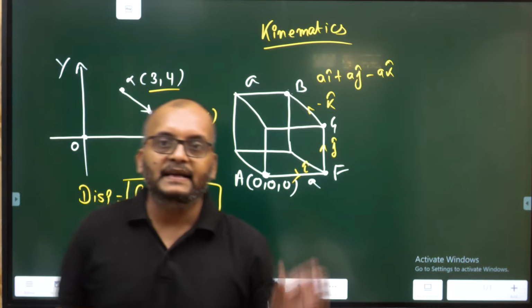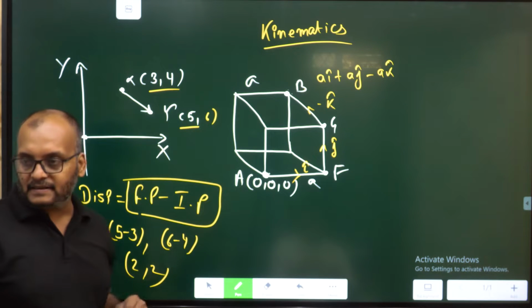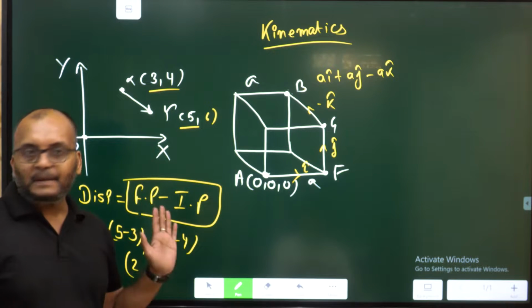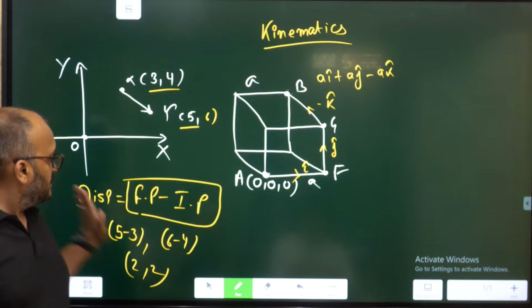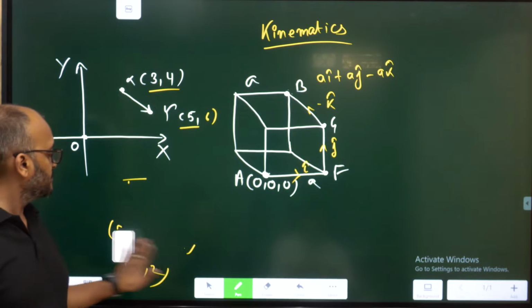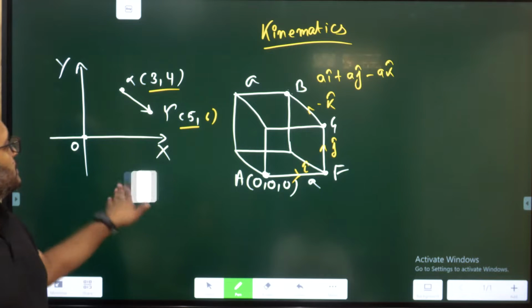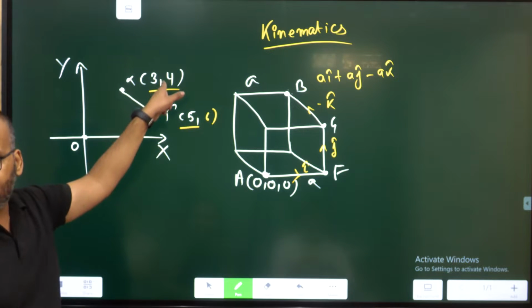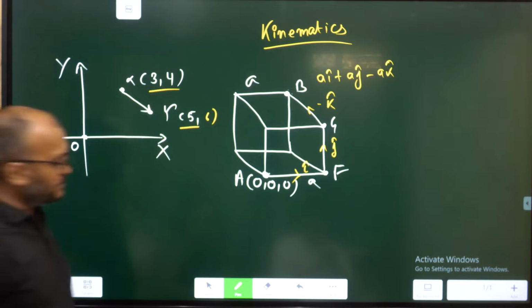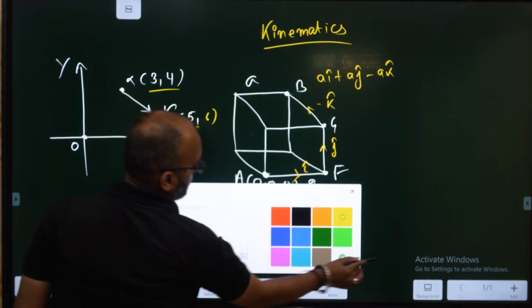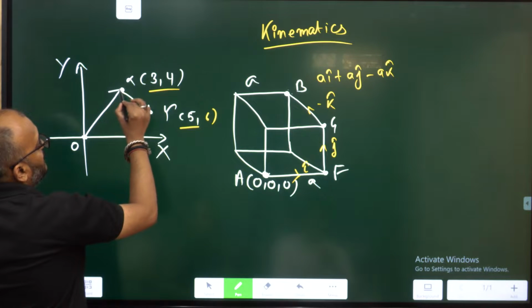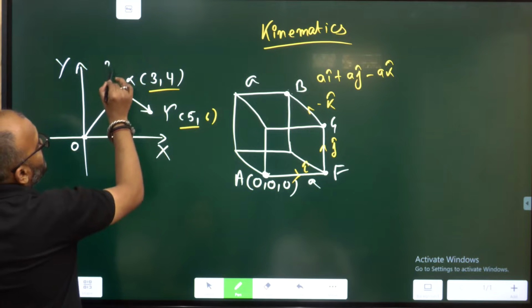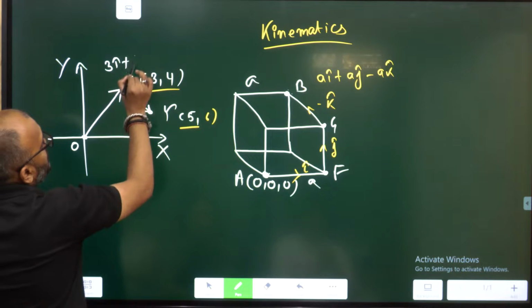Now the same thing is applied in the form of vectors. If I apply the same concept in the form of vectors, how can I apply? Please see. This is the coordinate of alpha. So can I say that actually this is O alpha vector and whose value is 3i plus 4j?